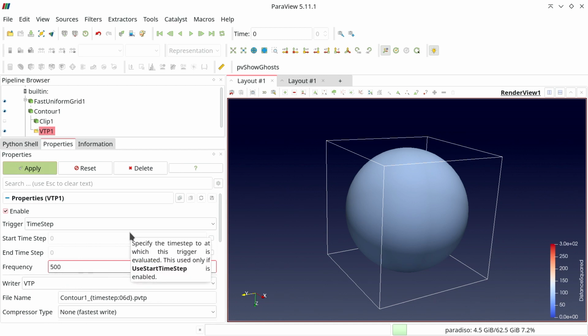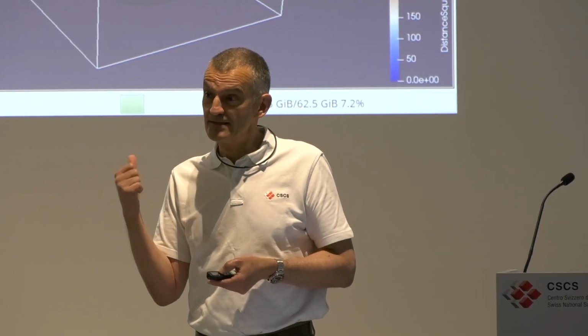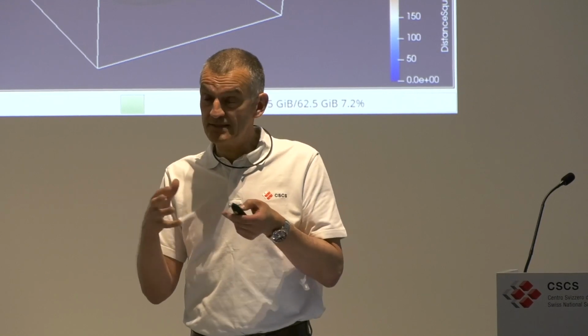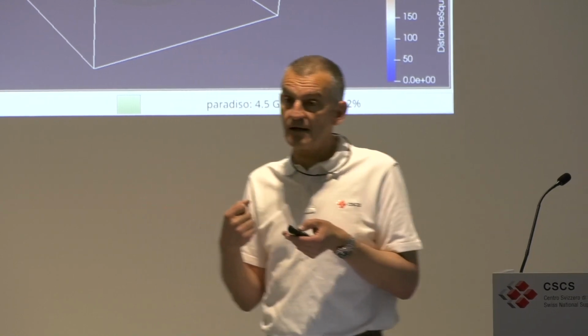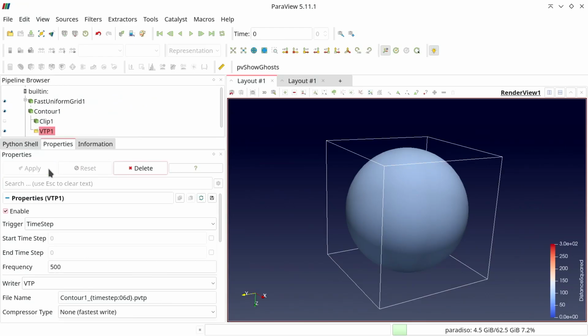The file name will be called contour1 timestep.pvtp. PVTP is the parallel version of the VTP file format, which means that this can run in parallel and it will save a distributed file representation. I say apply and I'm done with it.